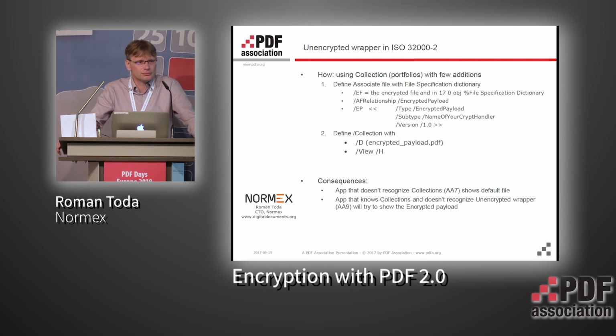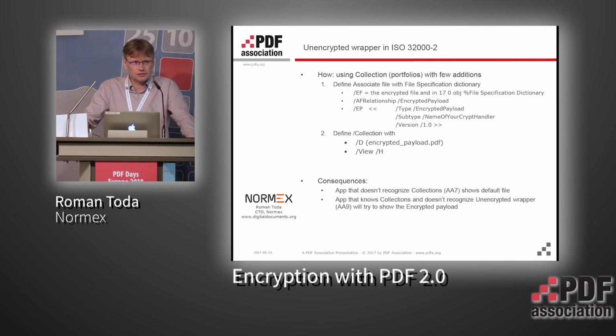Also, an application that knows collections, so portfolios, but doesn't recognize the unencrypted wrapper, the encrypted payload, AF relationships, or stuff from 2.0, would try to show the encrypted payload instead. So you would end up in the same situation as before on old applications.